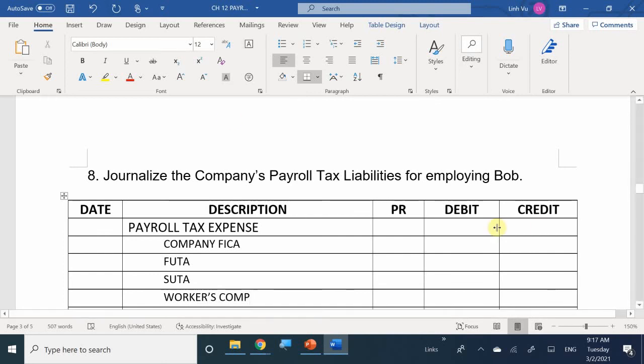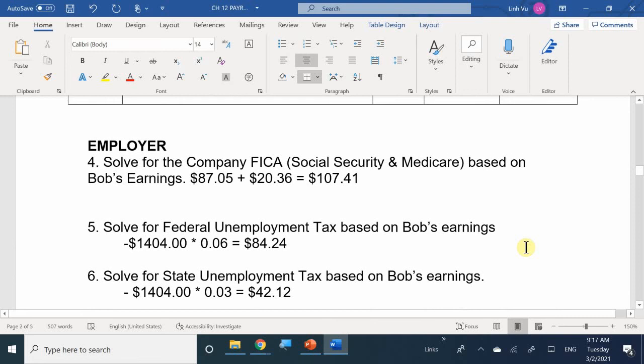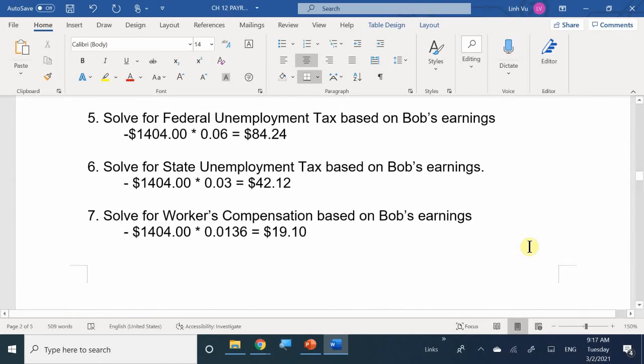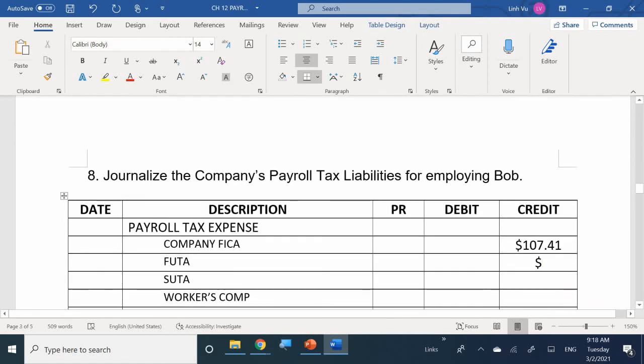So how much was my FICA? 107.41. How much was my FUTA? 84.24. How much was my SUTA? 42.12.